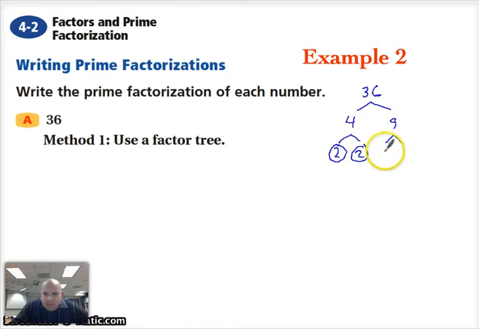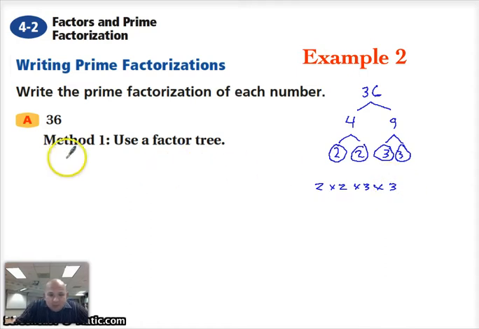For number 9, we do have a 3 and a 3. 3 times 3 is 9, and they're both prime numbers. So what we have here is, in the end, a 2 times a 2 times a 3 times a 3. 2 times 2 is 4, times 3 is 12, times 3 is 36. That's the prime factorization. 2 times 2 times 3 times 3.